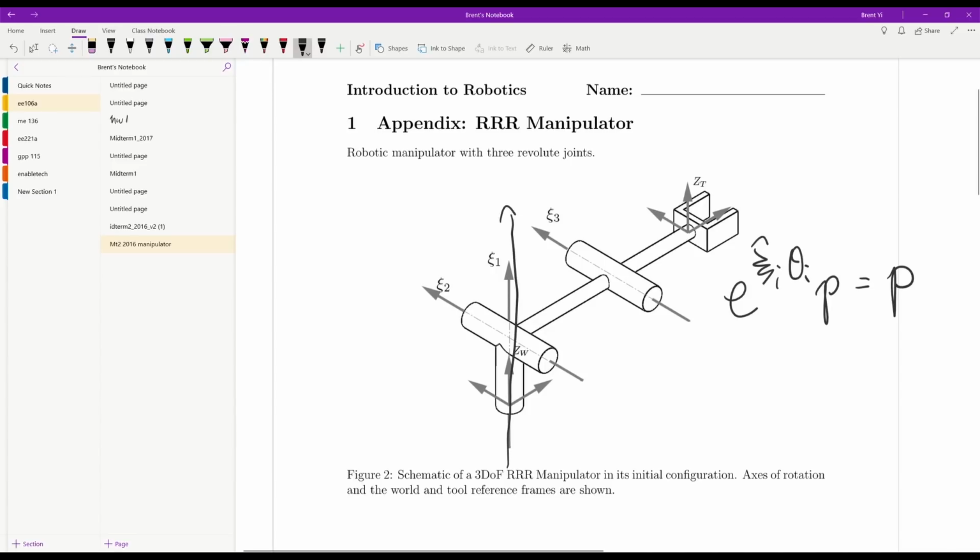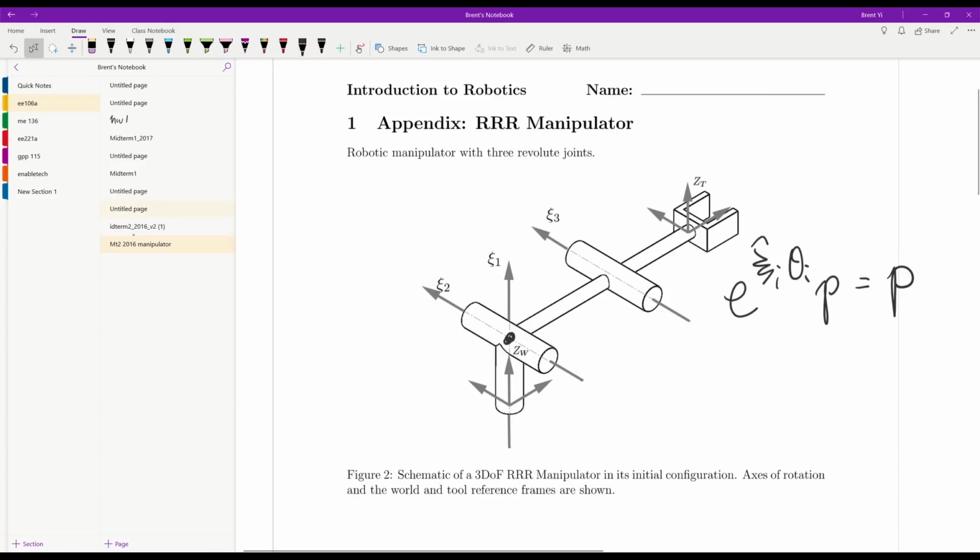So if we have a point here and we rotate it about the joint, that point's not going to move. So for this specific question, we can basically say any point along an axis of rotation is invariant to that axis, and then this intersection right here is invariant to both twist 2 and twist 1.